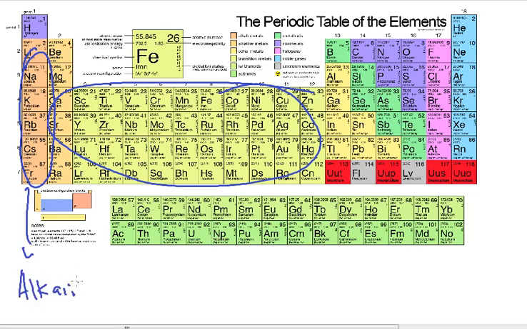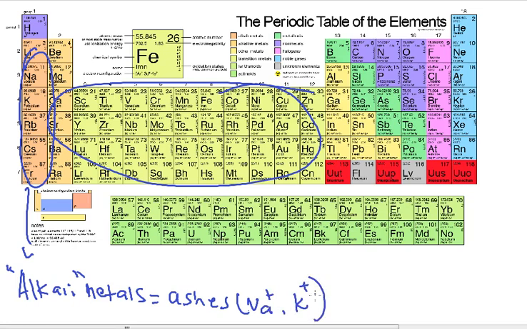Alkali is a Greek word, and it means ashes. The reason why they're called alkali metals is that the main components of alkali metals, like sodium and potassium, were isolated from ashes by the early chemists, and then the name was derived from the Greek word.